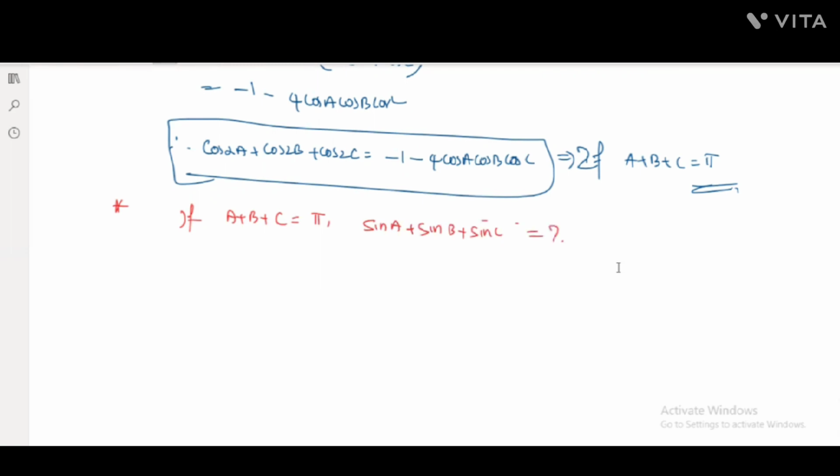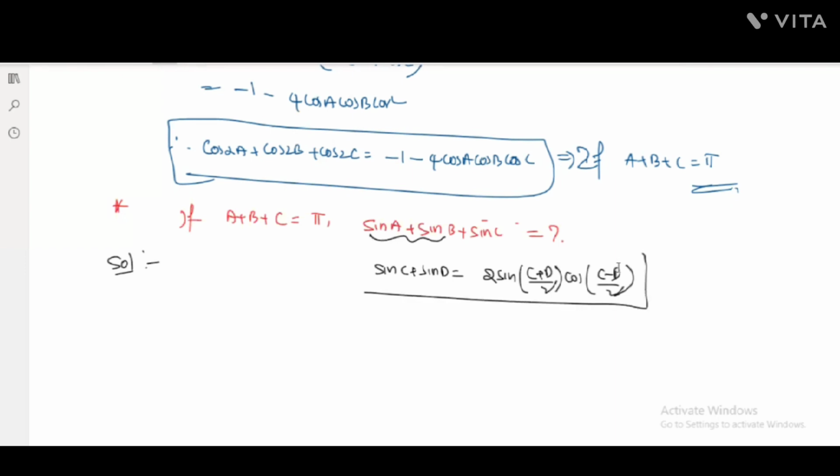Let's see. For this I will apply the sin c plus sin d formula, that is 2 sin of (c plus d) by 2 cos of (c minus d) by 2. Let's apply this formula here.